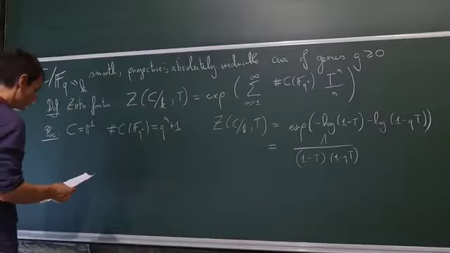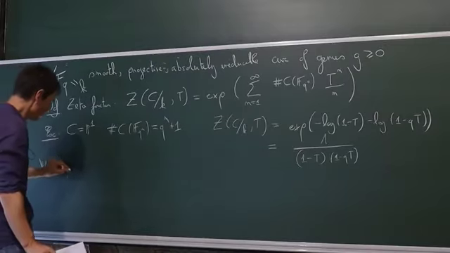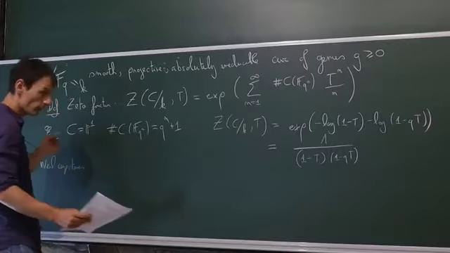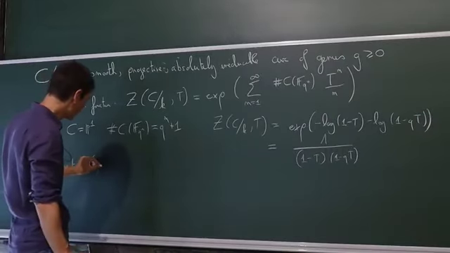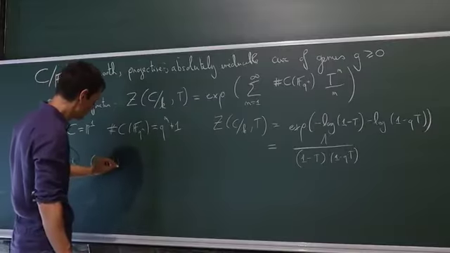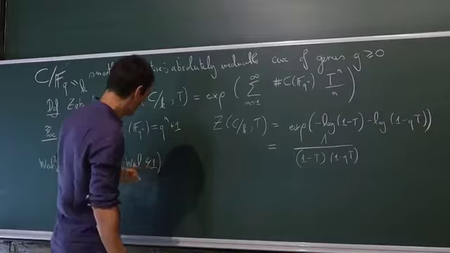And this is really what the Weil conjectures say for curves, because there are Weil conjectures for any kind of variety. So this one was proved by Weil in 1941.